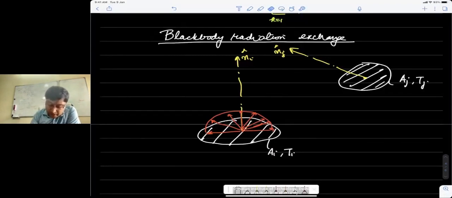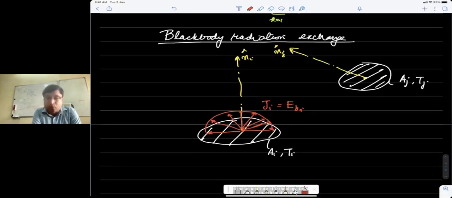More importantly, because it's a black body, it will absorb all incident radiation, which means that Ji, the radiosity leaving surface I, should be equal to the total hemispherical emissive power from the surface, EBI. Remember, subscript B denotes emission from a black body.